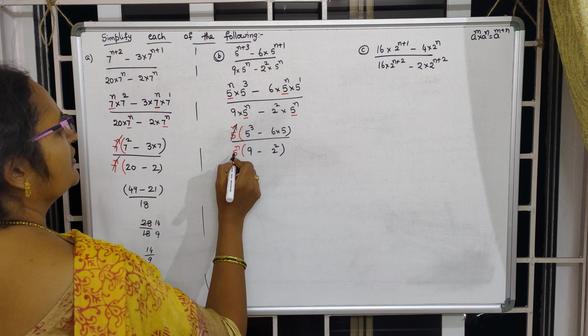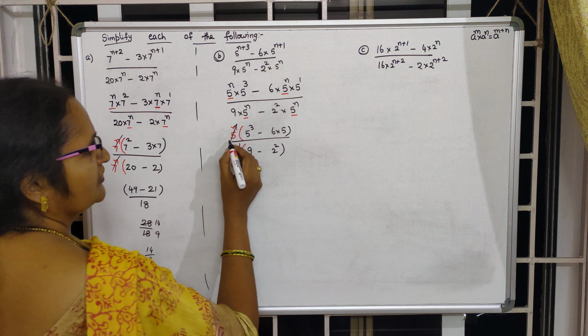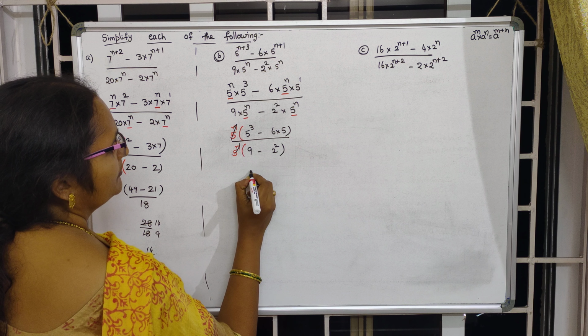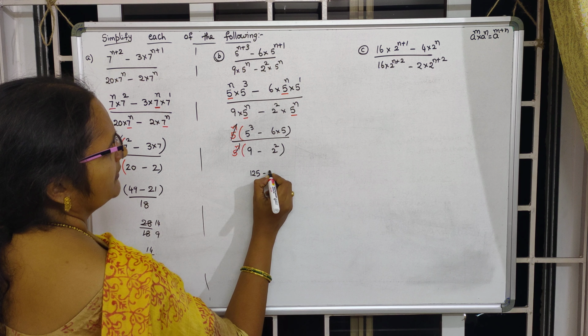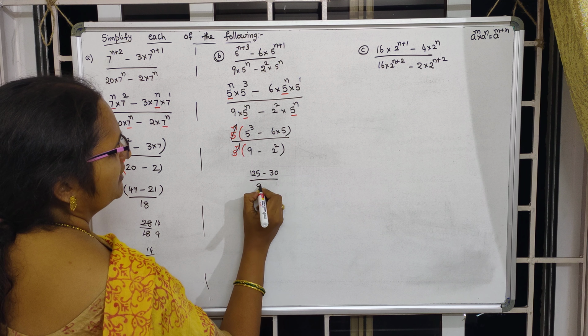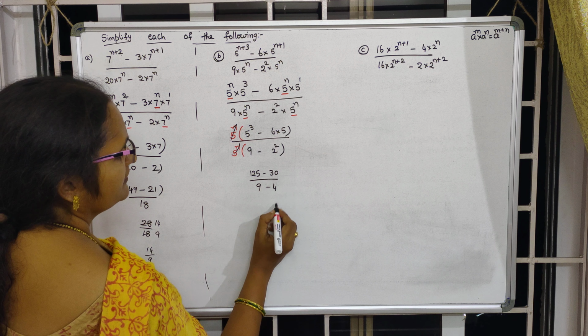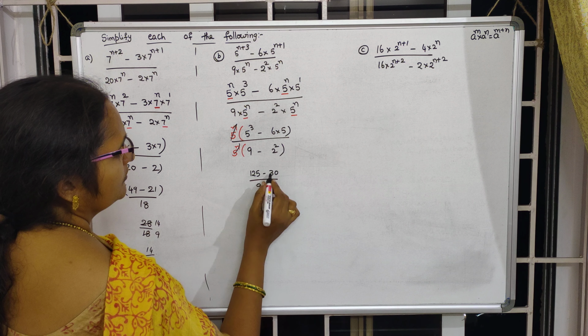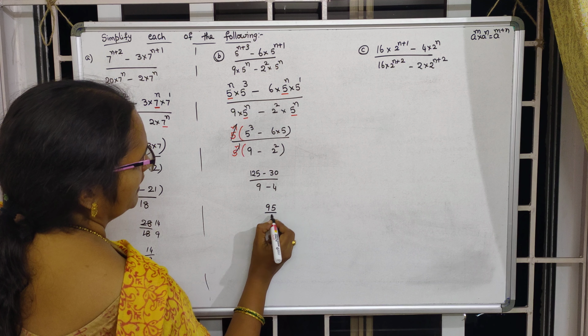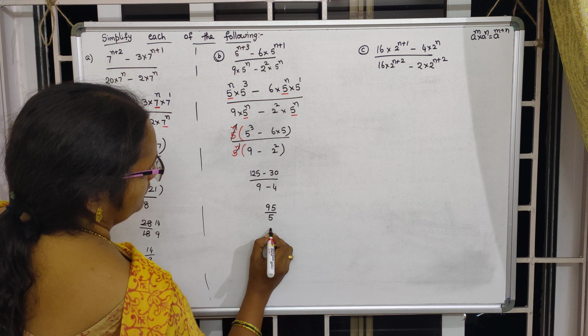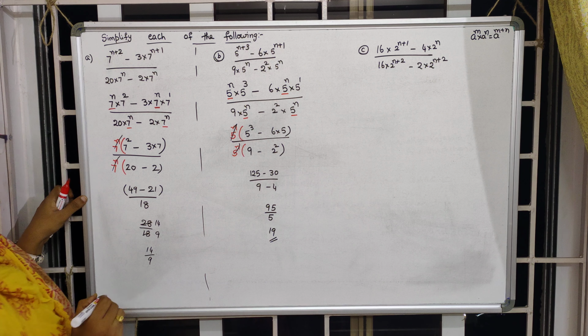Here 5 to the power n and 5 to the power n get cancelled because it is in multiplication. So here it will become 125 minus 30 upon 9 minus 4. 125 minus 30 is 95, by 9 minus 4 is 5, becomes 19. That is the answer.